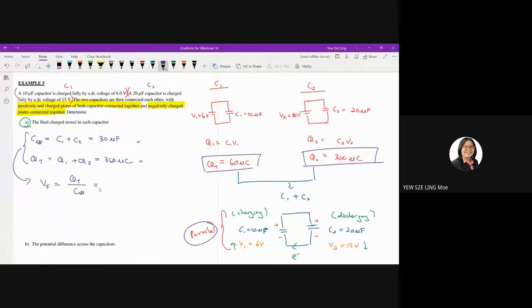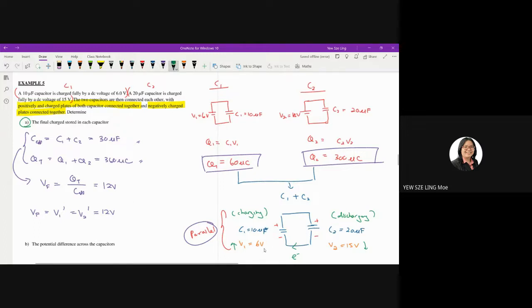You should obtain 12 volt. Once you have the 12 volt here, you know that V final equals V1 prime, the final, equals V2 prime equals 12 volt. So what does it mean?